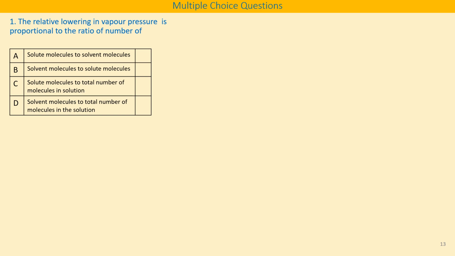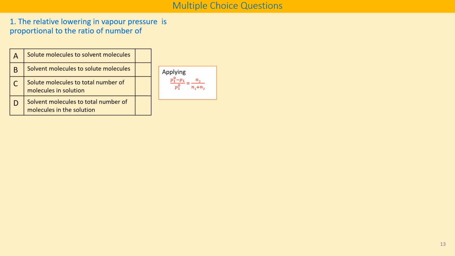Now we have to analyze by applying the formula P1 naught minus P1 divided by P1 naught is equal to N2 divided by N1 plus N2, where P1 naught is the vapor pressure of pure solvent, P1 is the vapor pressure of the solution, N2 is the number of moles of solute 2, N1 is the number of moles of solvent 1.